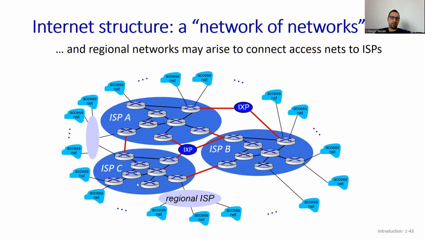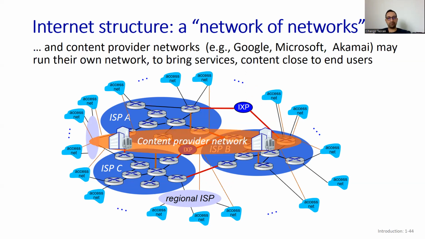Sometimes we have ISPs dedicated to a single country, but sometimes we have regional internet service providers, which maybe work in Europe, not dedicated to a single country but working for the region.